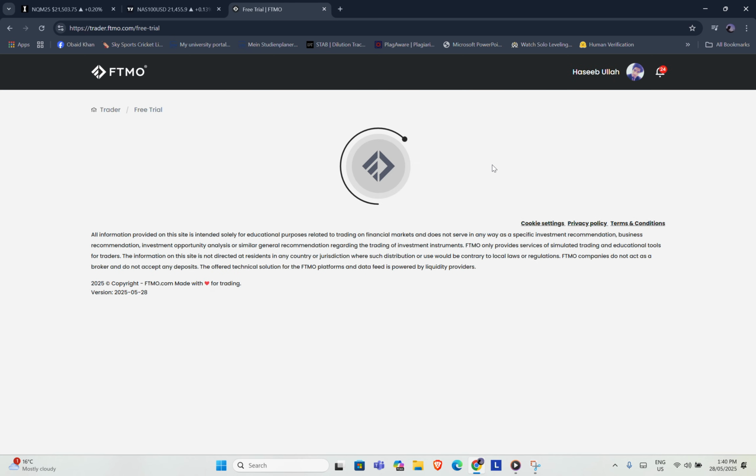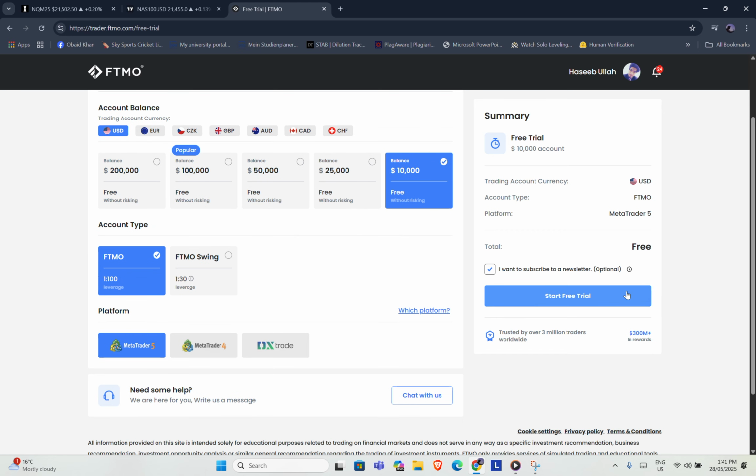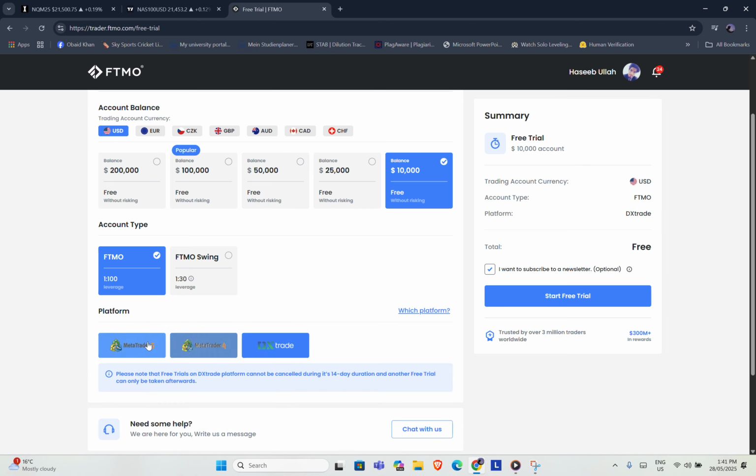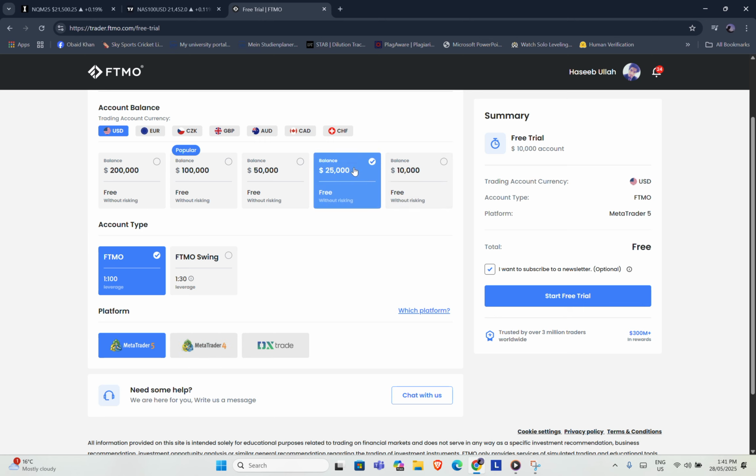And in the free trial, get the account. I would suggest starting from 25,000 or 10,000, and then start free trial. And then with that, MetaTrader 4, these are the brokers. I would suggest MetaTrader 4, or MetaTrader 5 and 4. I think they are quite easy to navigate and easy to understand. So start with this account size. It is free of cost.